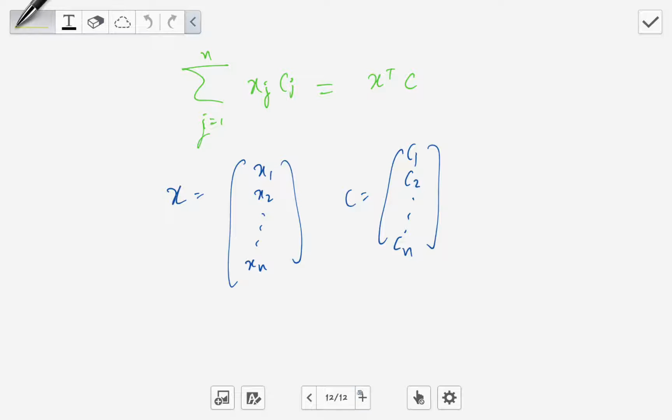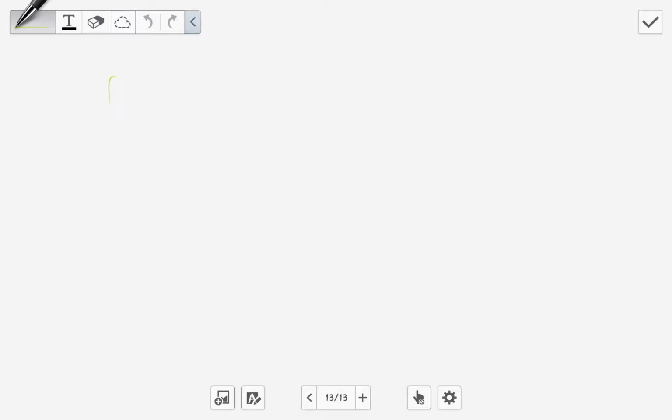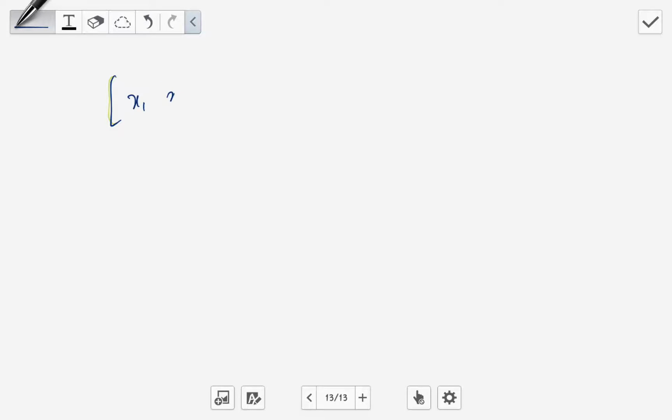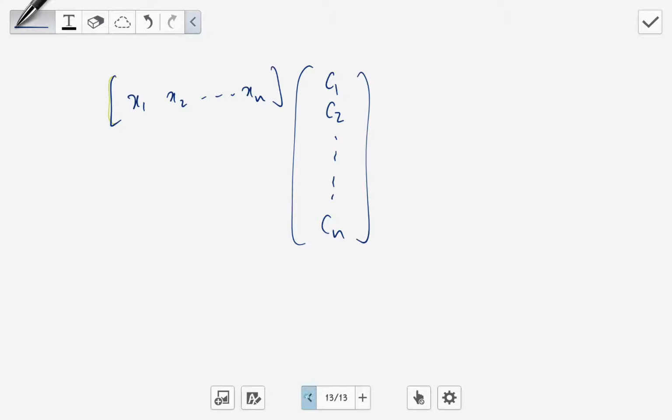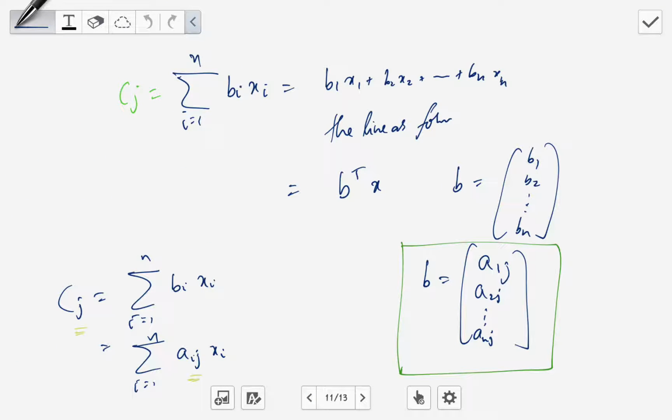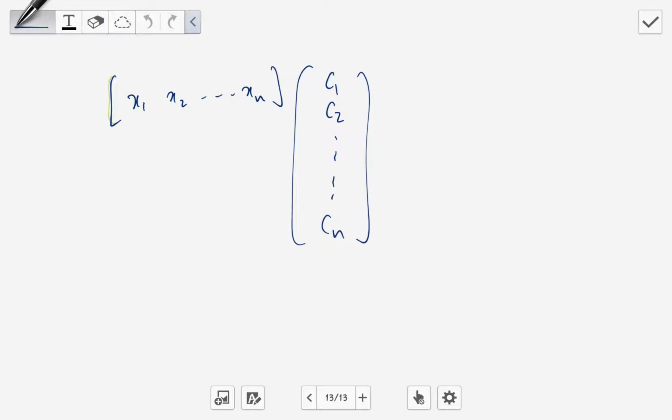So let us expand this. x transpose is x1, x2, so on up to xn. And this c is c1, c2, so on up to cn. Now we have each of these c's as what? b transpose x. So let us replace this here.